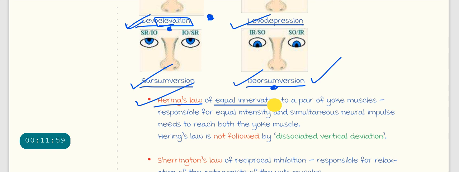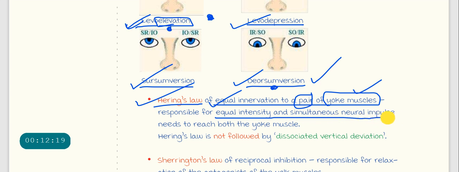So there is an equal intensity and stimulation of the neural impulses that is needed to reach both of the yoke muscles. It is nothing but equal innervation of the pair of the yoke muscles.